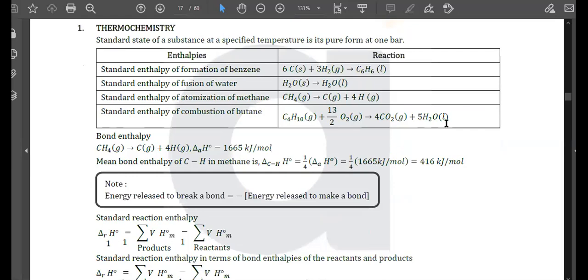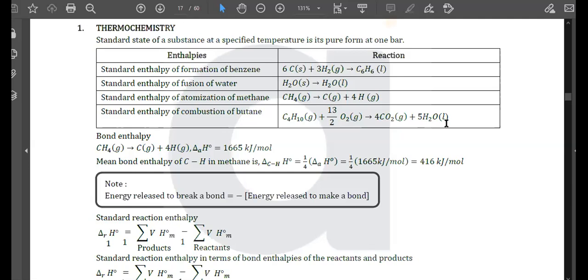Apart from that, we have bond enthalpy. So bond enthalpy is calculated using Hess law. Since we are using Hess law, the net sum of the overall reaction would be product minus reactant or reactant minus product.